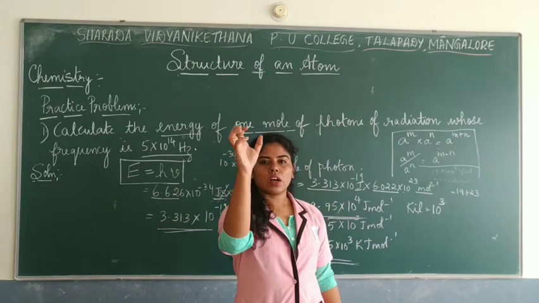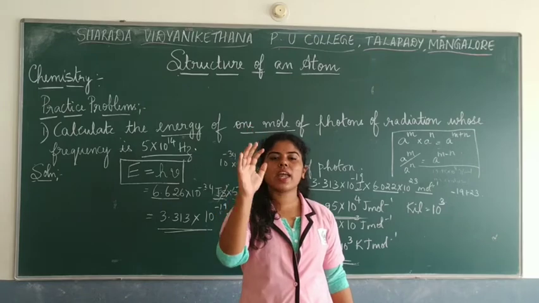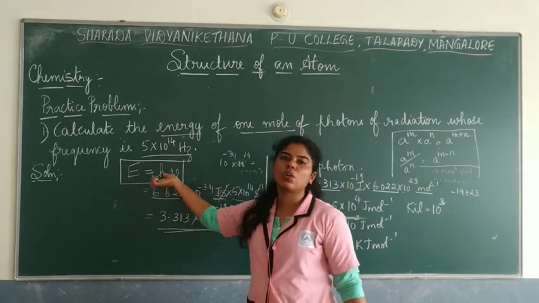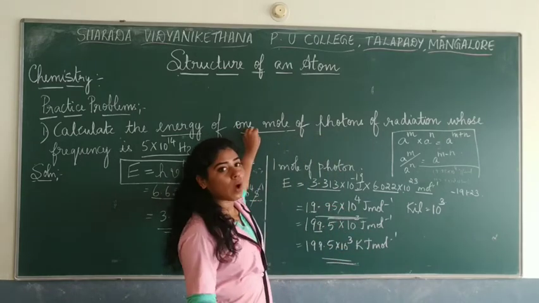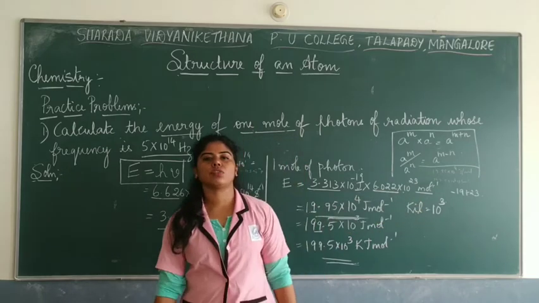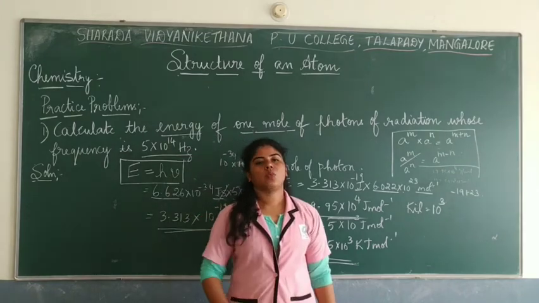Whenever you see a question, check what is given and find the expression you have studied. One of the expressions is E is equal to h nu, and when you substitute directly you get the answer. But you see that it is asked for 1 mole, so you have to multiply it by 6.022 into 10 to the power 23. So this is one of the problems.